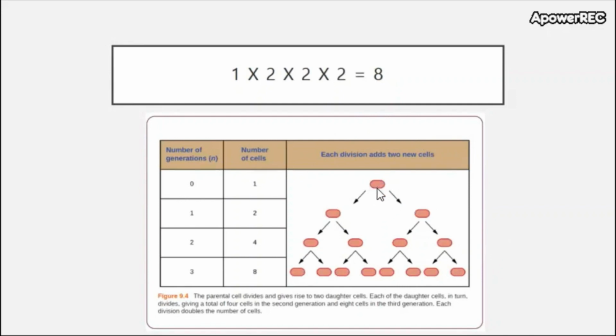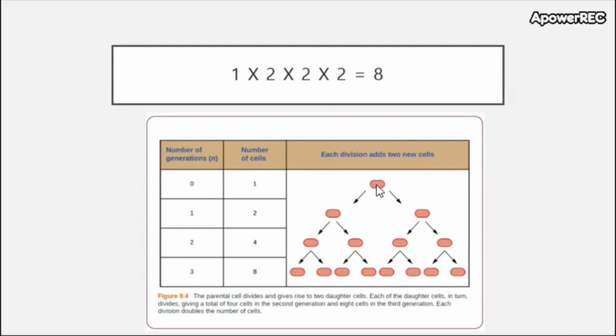From one generation, we go from 1 to 2 cells. And now we have 2 cells that can each go from 1 to 2 cells. So we go from 1 cell to 2 cells to 4 cells to 8 cells. And from 8 cells, another doubling time would create, that's right, 16 cells.